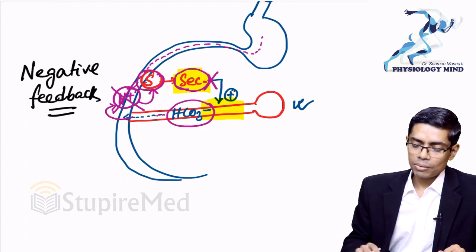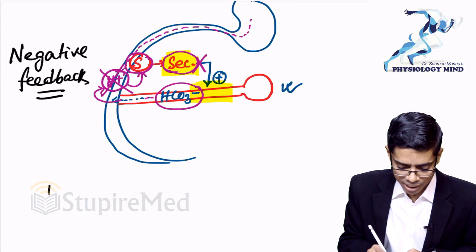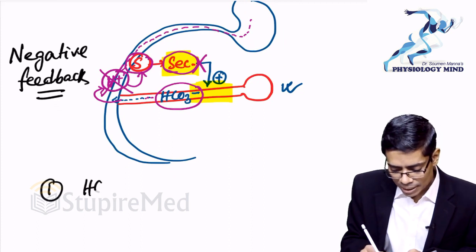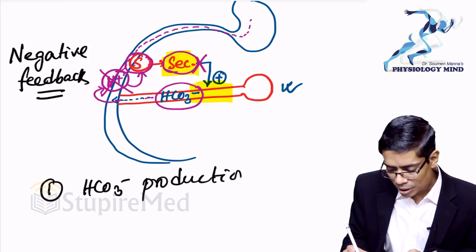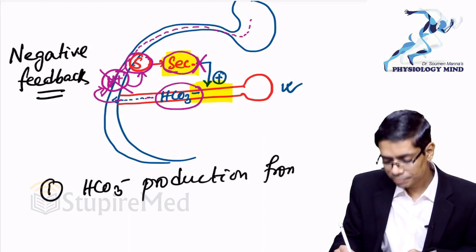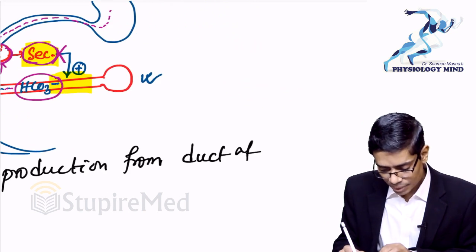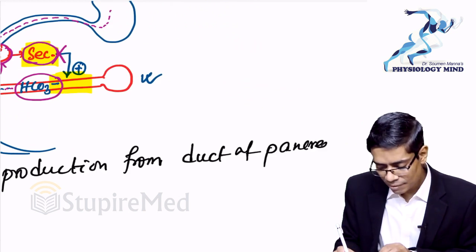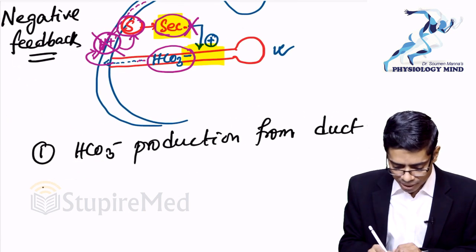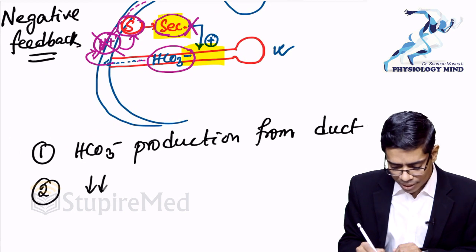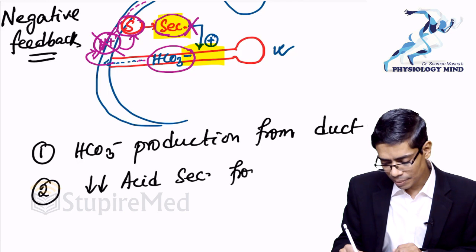If I ask you, what is the major function that you have seen here? Major function of secretin, number 1, bicarbonate production from pancreatic duct of pancreas, right? That is the main function of secretin. Apart from that, it also decreases acid secretion from stomach.